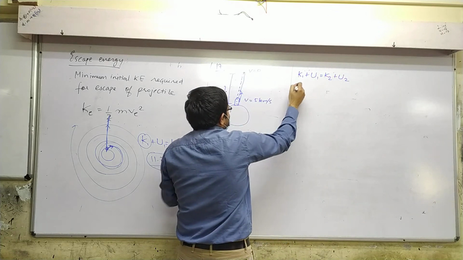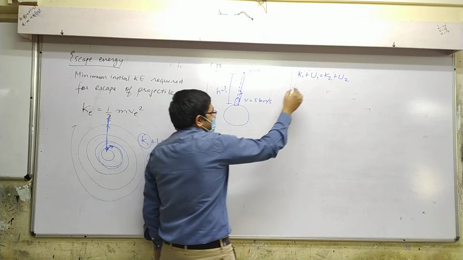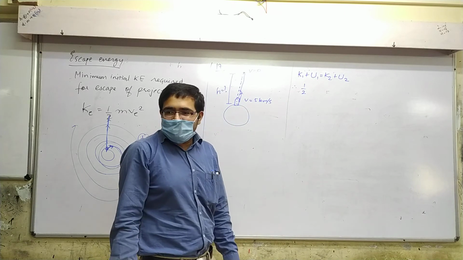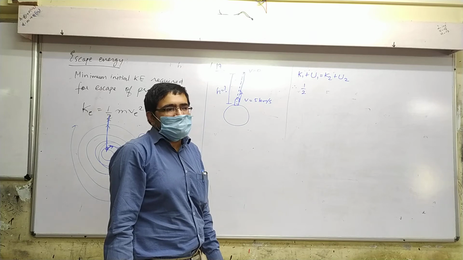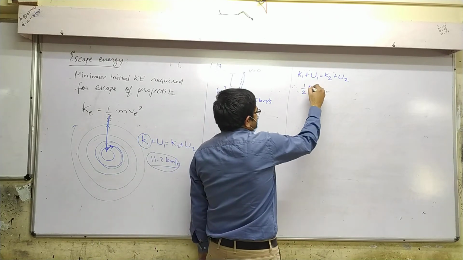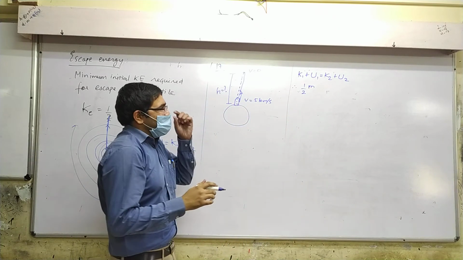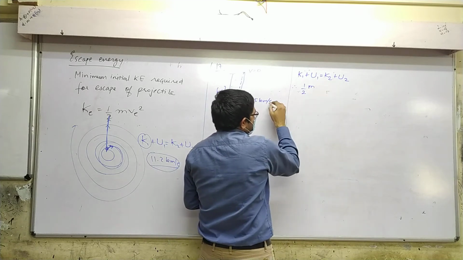Let's start. K1, initial kinetic energy. How much kinetic energy? Is the mass of the rocket given? Read properly. Okay, not given. So m. If it is not given, we have to assume it. So we put the equation: half m. Now what should I write? V square. 25, because this is kilometer per second.